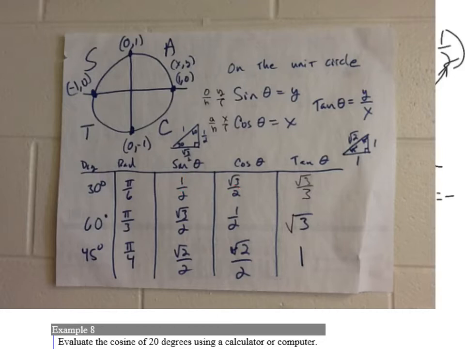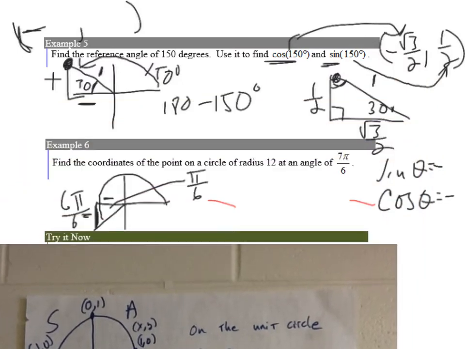So I can say the sine of 7 pi over 6 is negative 1/2, and the cosine of 7 pi over 6 is negative square root of 3 over 2. Okay, so then it's that easy. Find the reference angle, decide on whether it's positive or negative, and then you're good to go.